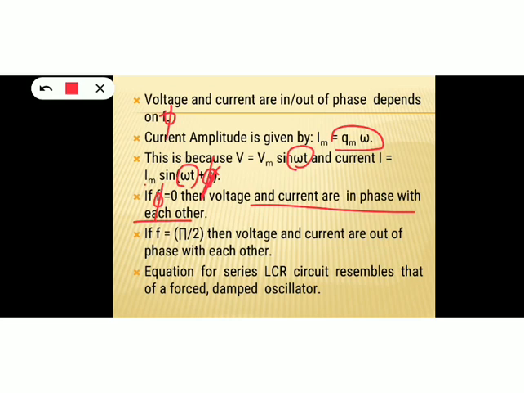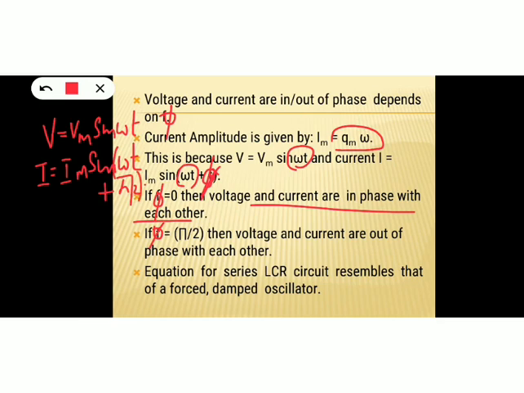Now suppose phi is pi by 2. If phi is pi by 2, the voltage will be always V equal to Vm sin omega t, and when phi is equal to pi by 2, then current will be Im sin omega t plus pi by 2 instead of phi.